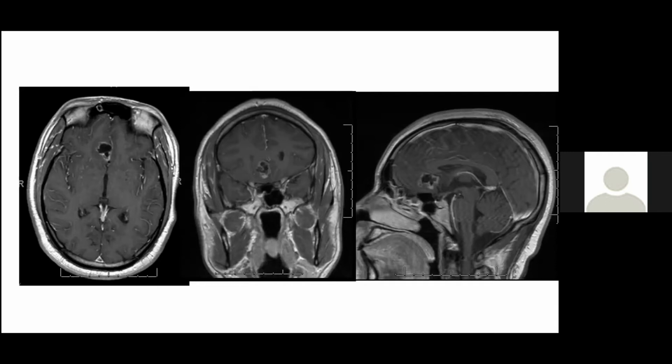Oh, if he was immunosuppressed, then you could do an LP and get CSF to make sure it's not lymphoma, but the yield of CSF for finding lymphoma is really low. That's true. And I think I said immunosuppressed, but this guy is immunocompetent, at least based on his labs.